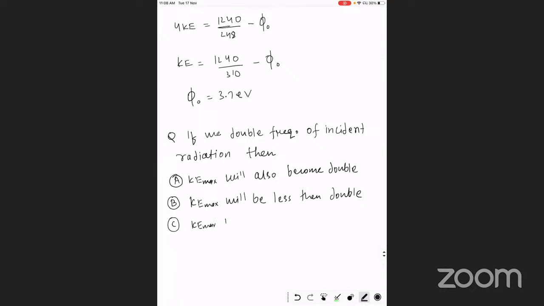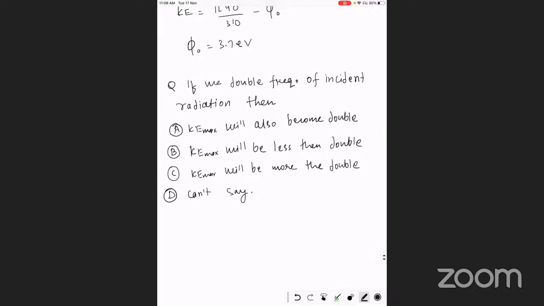KE max will be more than double. We cannot say anything. What is your answer? Option C. Who is this? Name. Ganesh Krishna. Very good, Ganesh.